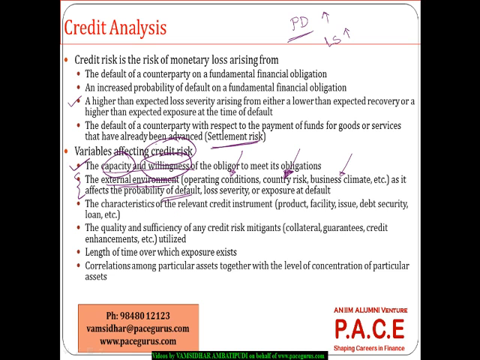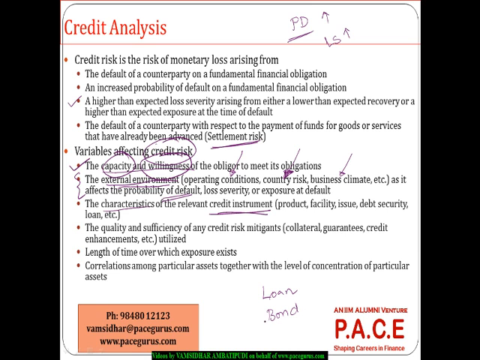So one, we are looking at the borrower himself, the capacity and the willingness. Then we are also looking at the external environment. Then we are also looking at the characteristics of the credit instrument. If we look at a loan, the different characteristics of that, or probably I can talk about the bond, which is also a credit instrument.